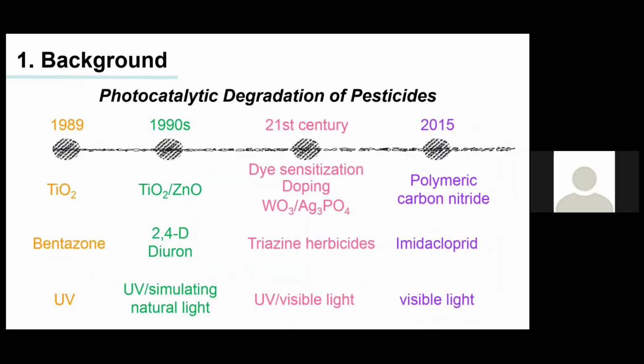Photocatalytic degradation of pesticides has been achieved with semiconductor catalysts such as titanium dioxide, zinc oxide, and so on. In recent years, polymeric carbon nitride also presents great potential for pesticide degradation.